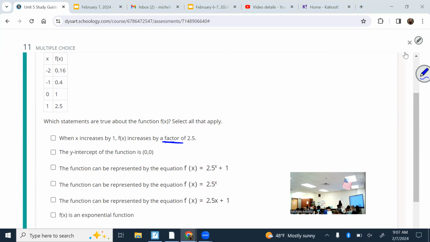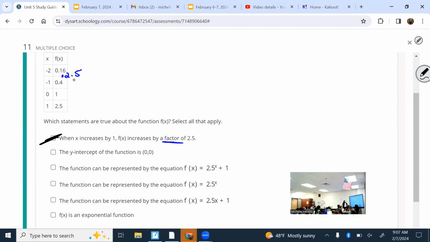So just see, is 0.16 times 2.5, 0.4? Try it out in your calculator. I know since the number is getting smaller, it can't be that, so I'm going to use the calculator, but do check. It's not increasing by a factor of 2.5.